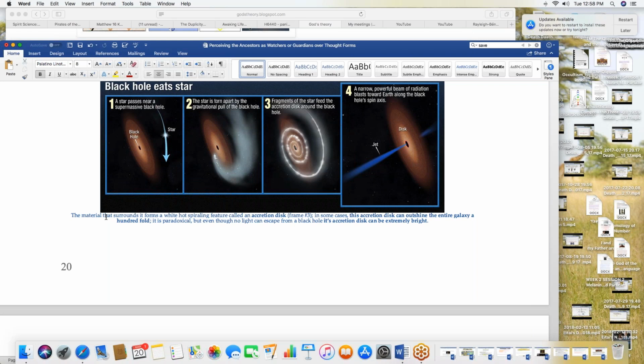This accretion disk can outshine the entire galaxy 100-fold. Is that something greater than the sun? It is paradoxical, but even though no light can escape from the black hole, its accretion disk can be extremely bright.